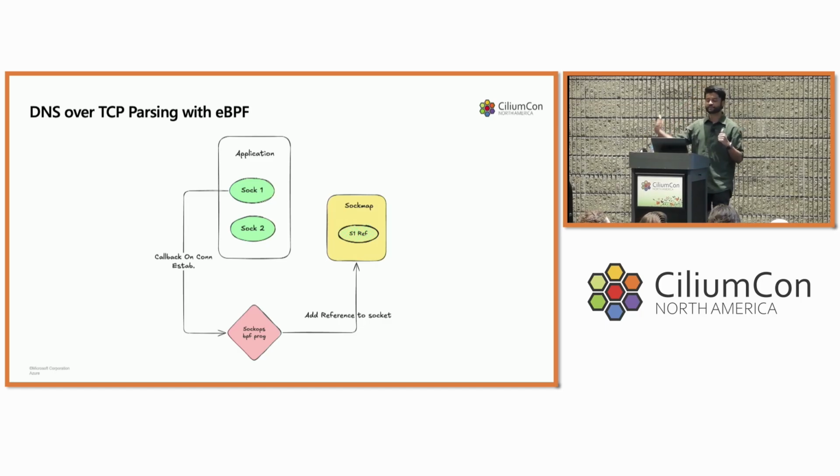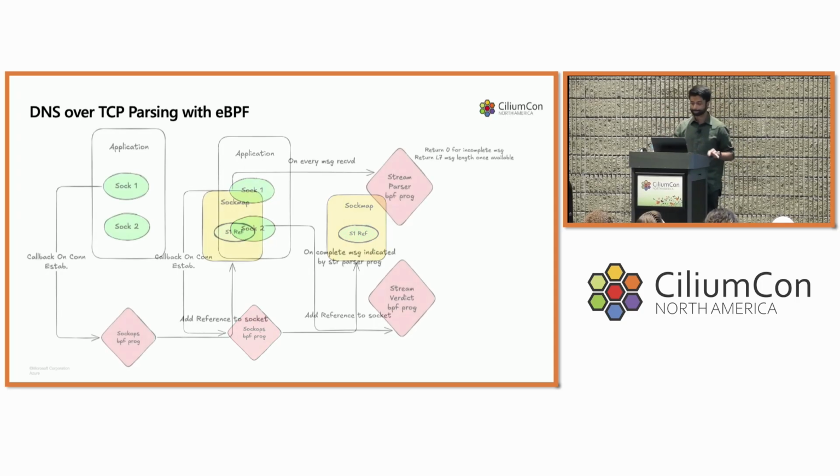Then you can write a sockops BPF program that would get a callback, and under that callback you can get a reference to that socket and add it to something called a sock map. A sock map is a special type of BPF map that lets you do interesting things with socket events. So the first part of this puzzle is writing a sockops BPF program, getting a callback soon after a connection is established, and dumping a reference into the sock map.